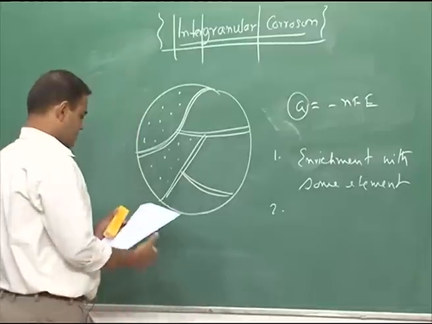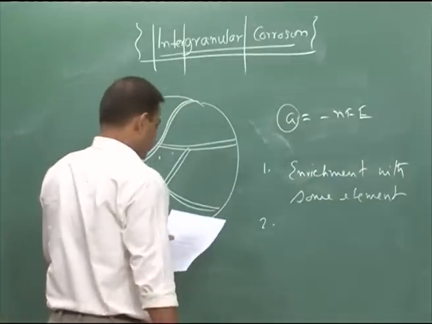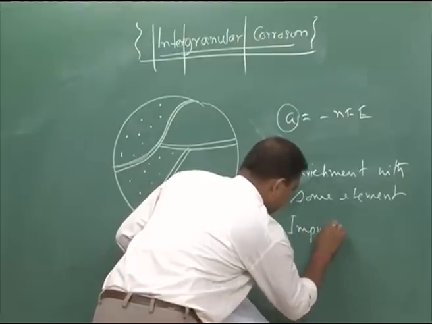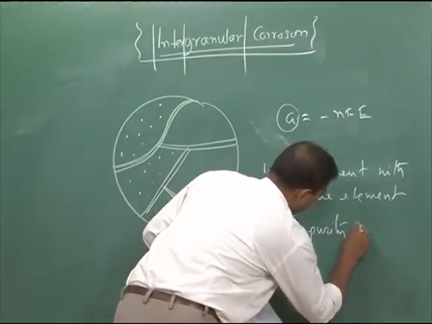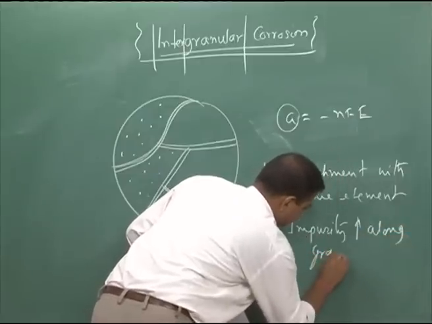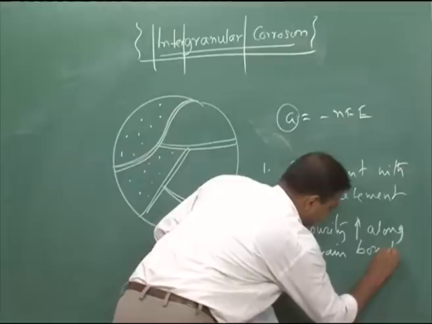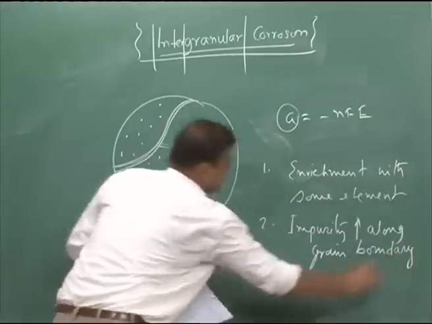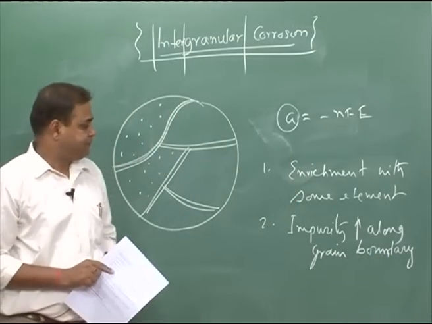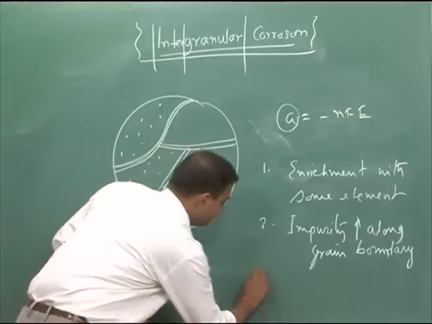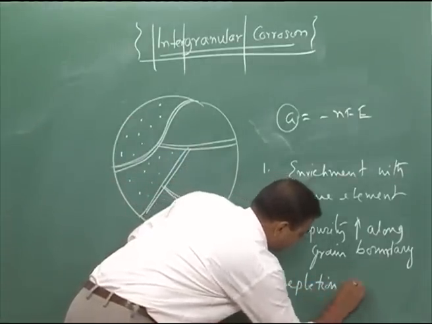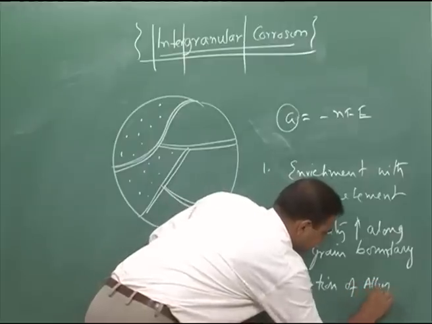Second reason could be impurity content, higher impurity level along the grain boundary, and the third reason would be depletion of alloying elements.